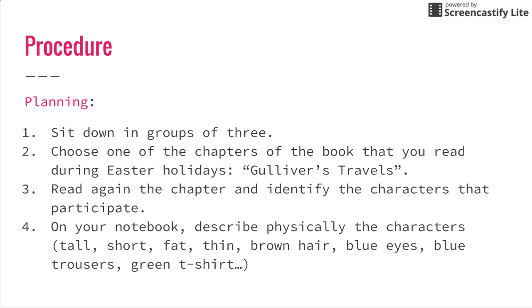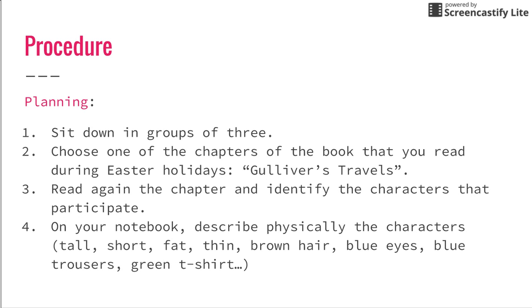Well, now that you know what a comic text is and what are their elements, let's start with the planning activities. During the planning, we will choose the chapter of the book that we like.